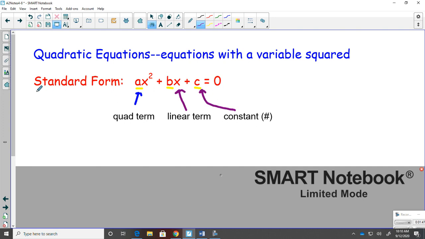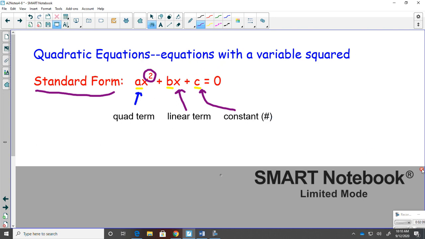In order for a quadratic equation to be in standard form, not only does it have to have a power of 2, but it has to be set equal to 0. So when you're solving quadratic equations, your equation must look exactly like this.